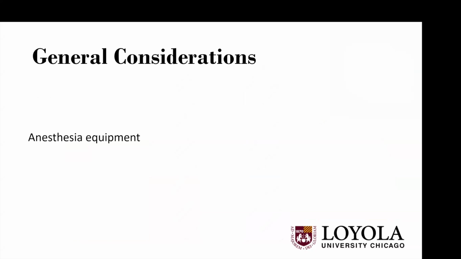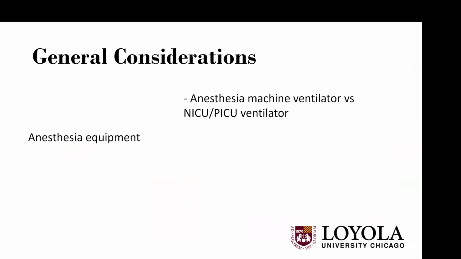The next thing is anesthesia equipment, which is again, as I said earlier, that usually you have an anesthesia machine in there and it'll be somewhere in the corner. But some of these babies, especially the premature neonates, when they come to the catheterization lab, the anesthesia ventilators may not have all the modalities which you can use to ventilate them effectively.